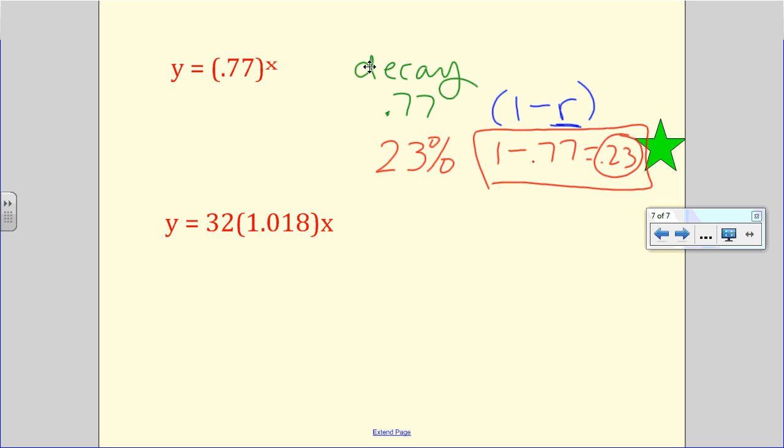Alex, growth or decay? Jared, what's my growth factor? Cody, what's my R value if this is 1 plus R for a growth?